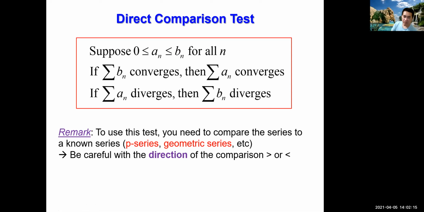Now, using this direct comparison test, you got to be careful with the directions of the comparisons, greater than or less than. I'm gonna come back to this statement next slide, but gotta be careful with the sign of the inequality.